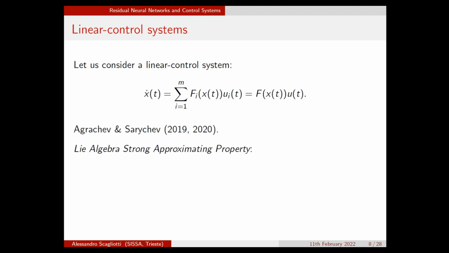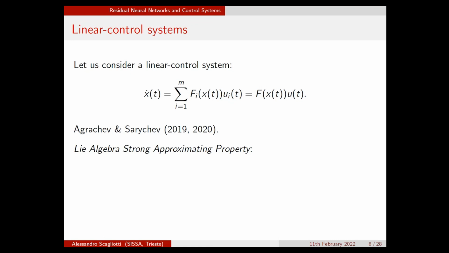Okay. In these approximating results, an important role will be played by this technical property. We will ask that the controlled vector fields F1, ..., Fm that form the linear control system satisfy this condition, the Lie algebra strong approximating property.